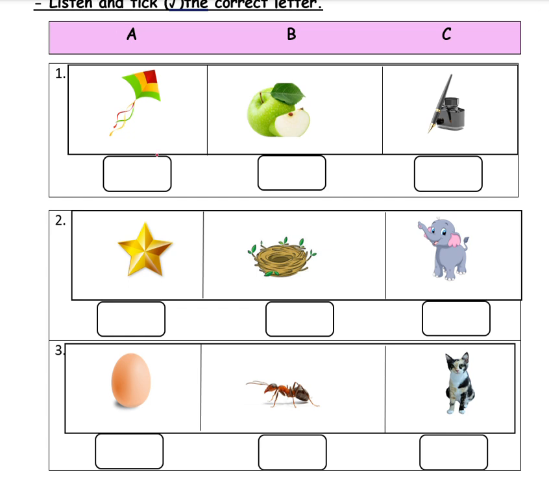It is the same. You have to listen and tick. Number 1, I like apples. Number 2, this is a nest.